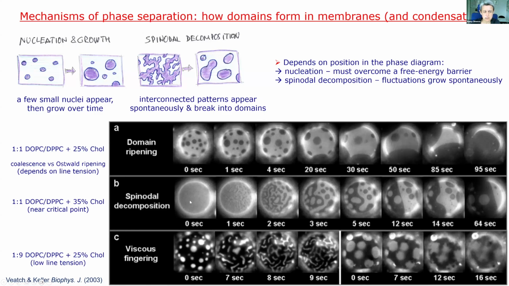A spinodal decomposition example is shown here, where you have the interconnected patterns appearing and coalescing over time. And there is also something called viscous fingering, where you have very low line tensions and the domains are no longer circular, but have distorted shapes.